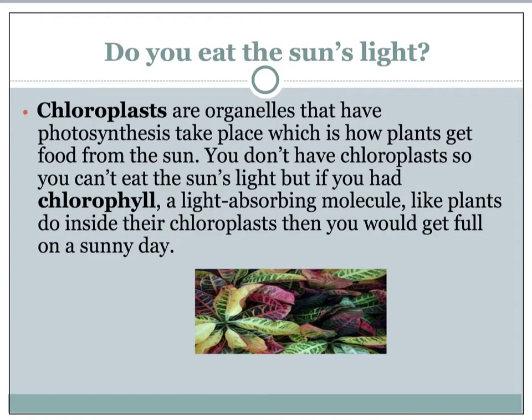One of the things that they have is called chloroplasts. Chloroplast is where photosynthesis takes place. Photosynthesis is how plants get their energy. Plants get their energy from the sun. We do not get our energy from the sun directly, but indirectly, all the energy we get comes from the sun.